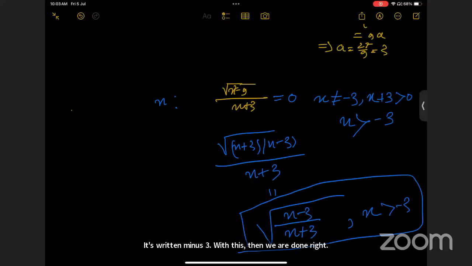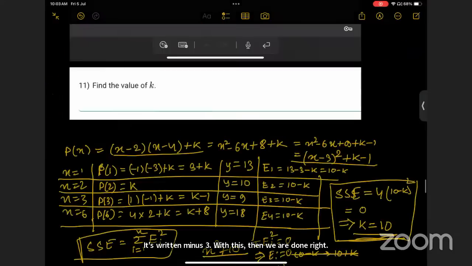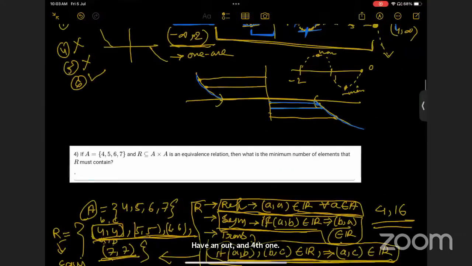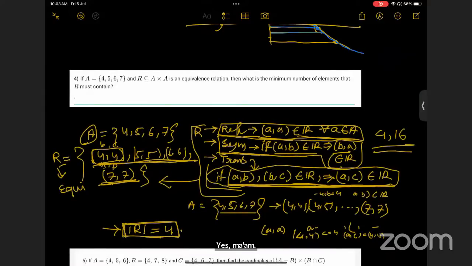Okay. I have a doubt in the fourth one. This one. Yes, ma'am. For example, if you are taking only 4, 4, the conditions are also satisfied, no, ma'am? Then why are we taking 4, 4, 5, 5, 6, 6, and 7, 7?